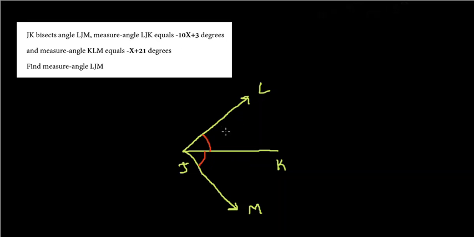So it says that LJK is equal to negative 10x plus 3 degrees. And measure angle KJM is equal to negative x plus 21.